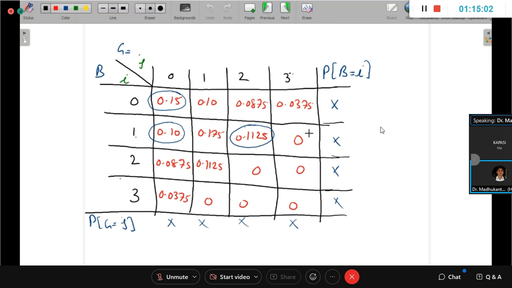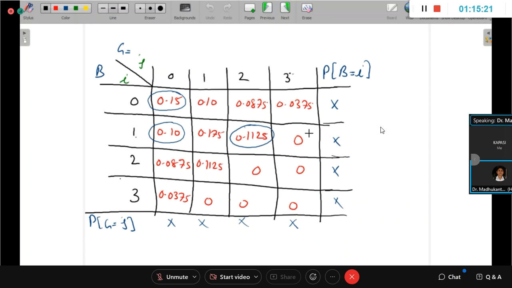I have matched already, but you try it yourself. These numbers are given to you. You can find the joint PMF of boys and girls.